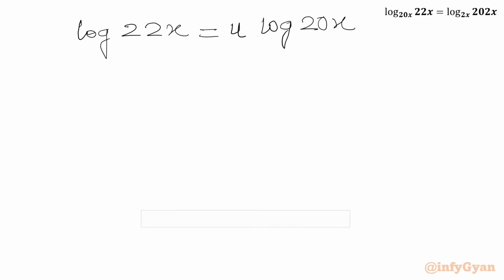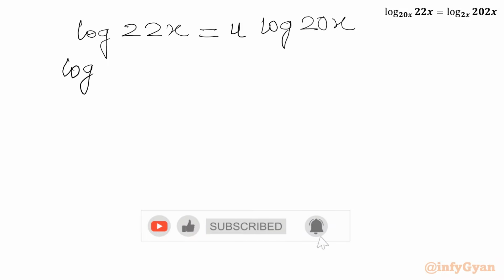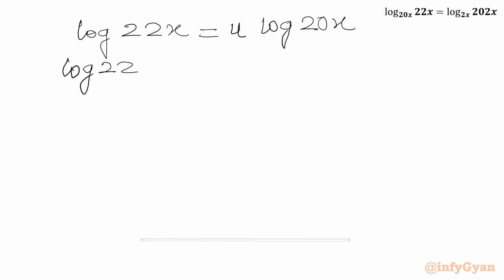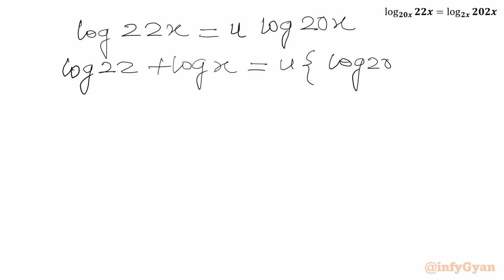Using the log property, we can write our equation: log 22 plus log x will be equal to u times log 20 plus log x.